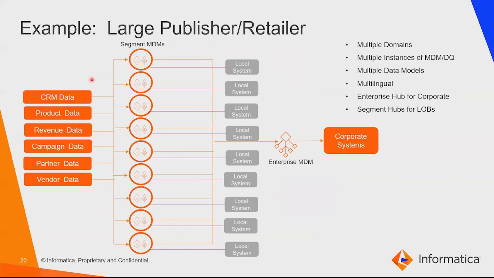There could be multiple applications that have product data, revenue data, and so on and so forth. All of these are routing to multiple segmented MDMs, and each segmented MDM could be addressing different kinds of data as well as different kinds of applications which are local systems. And they could be silos, very focused on individual applications.